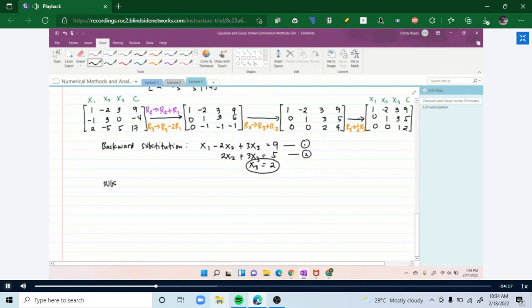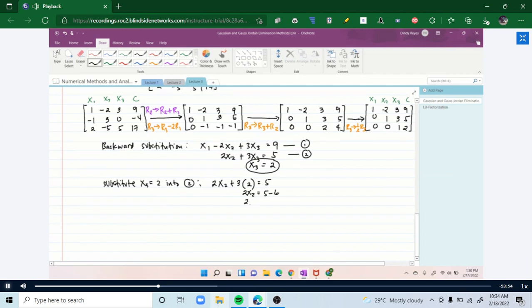So substitute x sub 3 equals 2 into equation 2. So that's 2 x sub 2 plus 3x sub 3, where x sub 3 is 2, equals 5. So that's 2x sub 2 equals 5 minus 6.